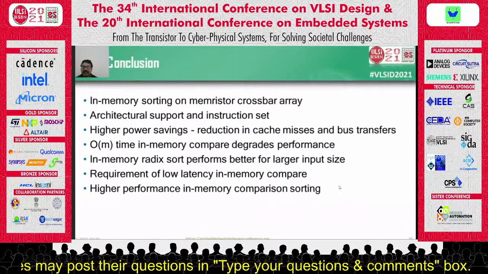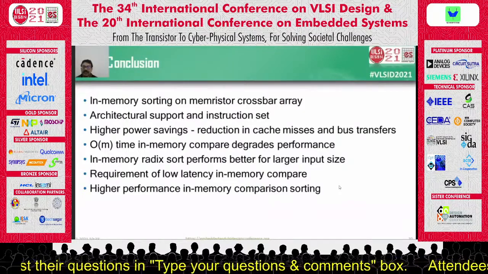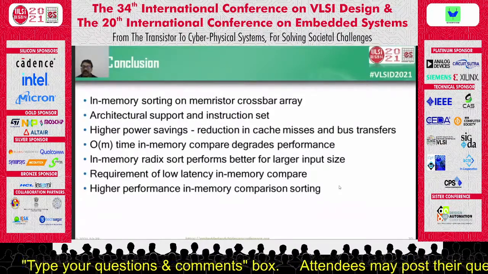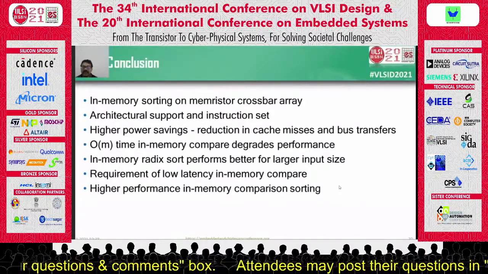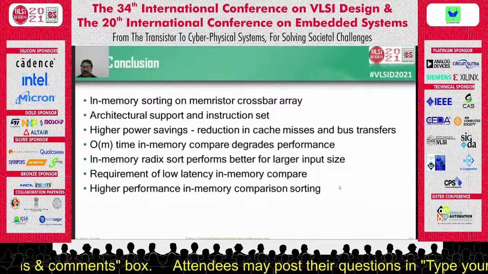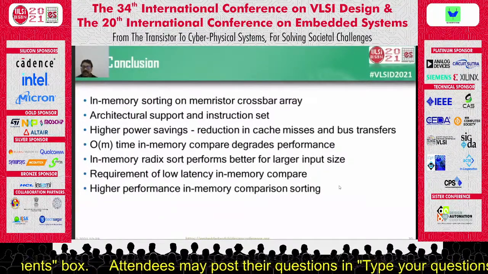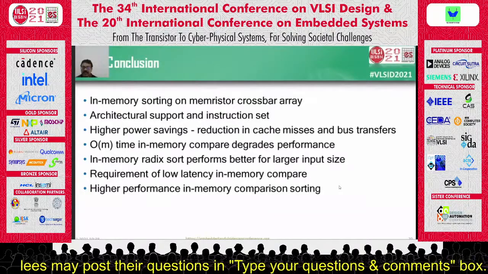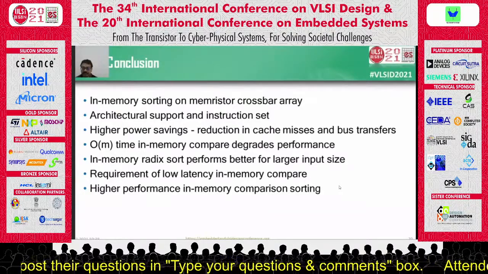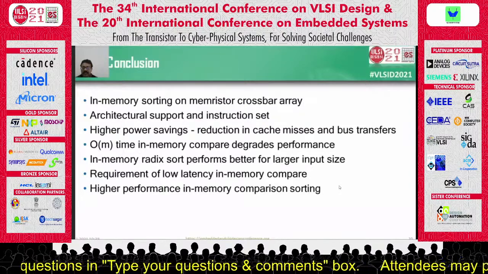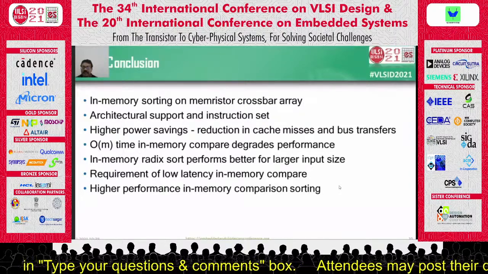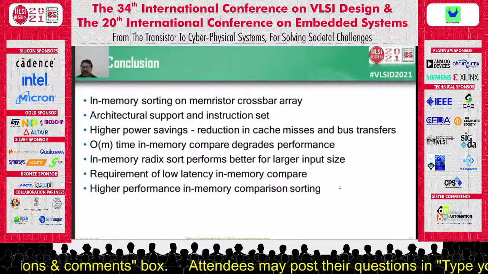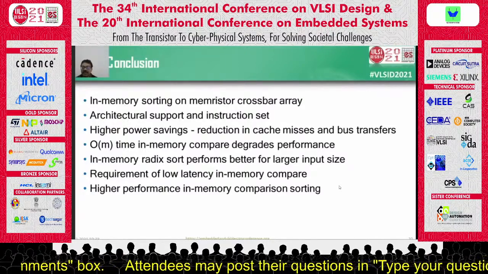The time for in-memory comparing degrades the performance of in-memory comparison sorting. In-memory direct sort performs better for larger input size. There is a requirement for low latency in-memory comparison for higher performance in in-memory comparison sorting and other comparison based operations within the memory.